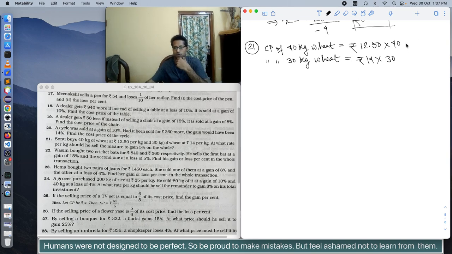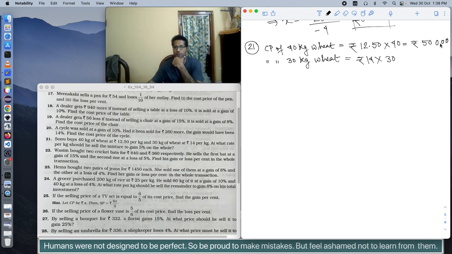Okay, so this is equal to rupees... 125 multiplied by 4 is 500, and then we have 0 0.